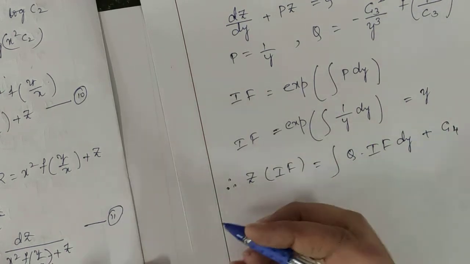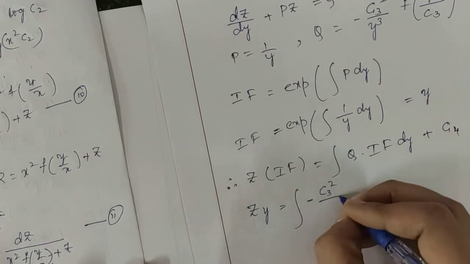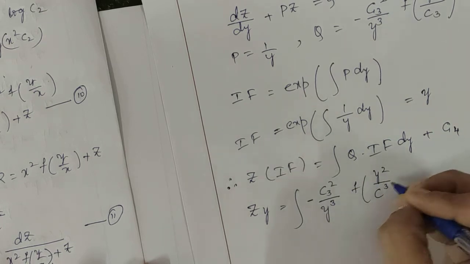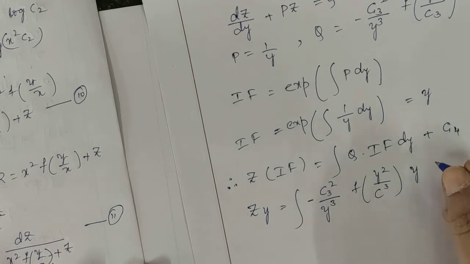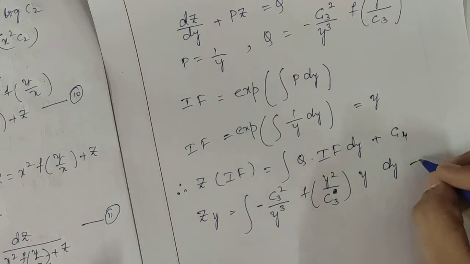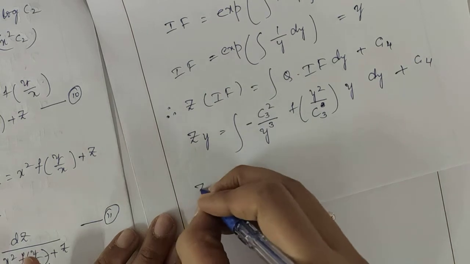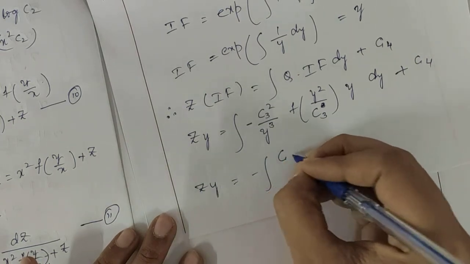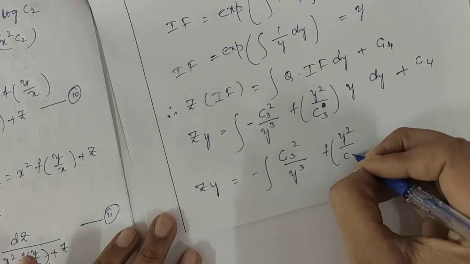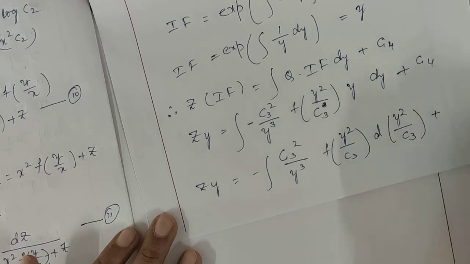So substitute everything here. z into y is equal to integration of minus c3 square by y cube into f of y square by c3, integrating factor is y, into dy plus c4. So if you simplify this, you will get zy is equal to minus integration of c3 square by y cube into f of y square by c3 into differentiation of y square by c3 plus c4.